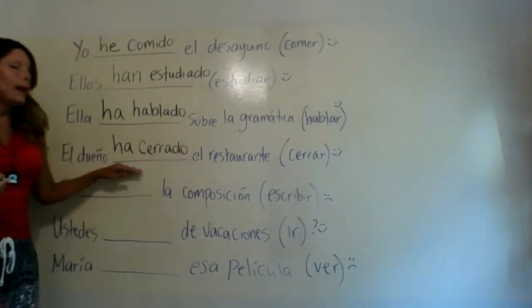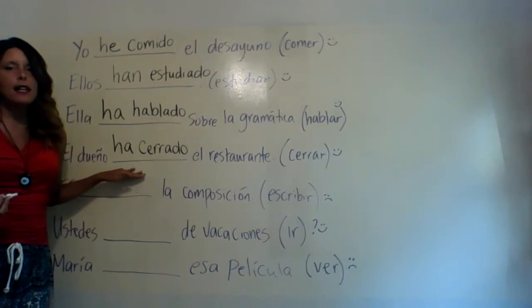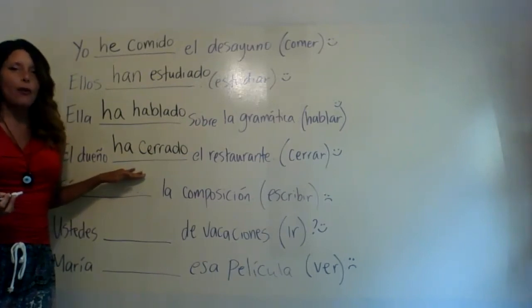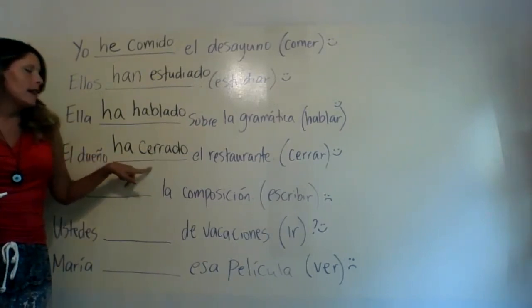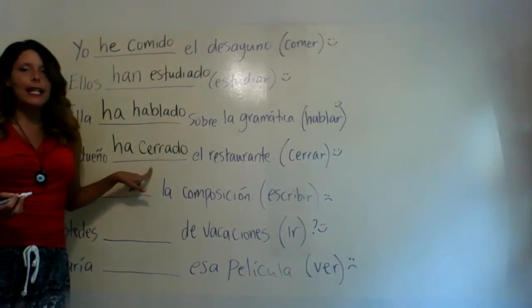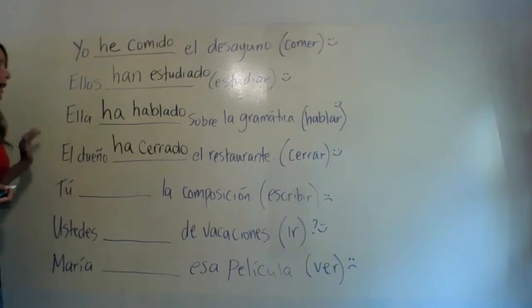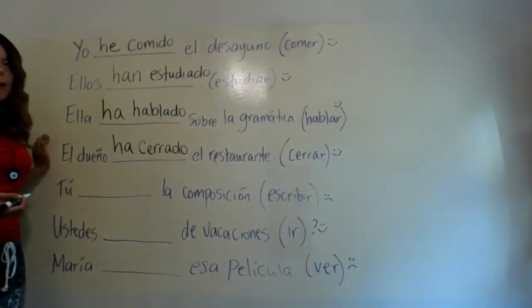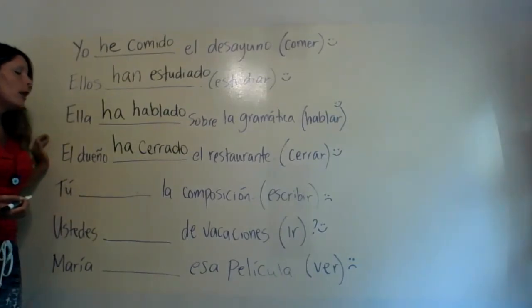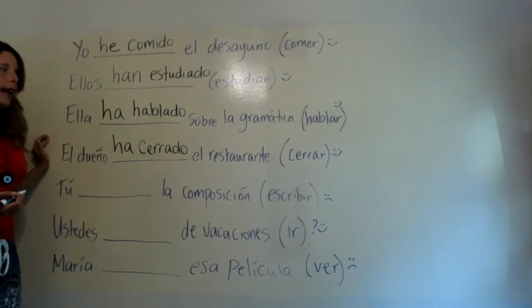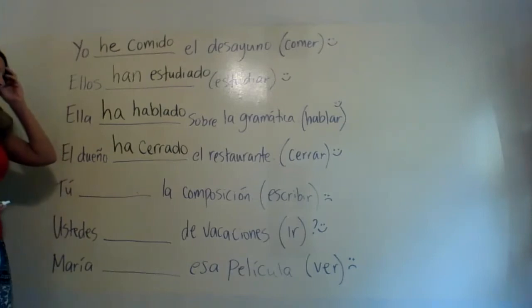And so my present perfect for this sentence is ha cerrado. H-A, and then cerrado is spelled C-E-R-R-A-D-O, and the whole sentence being el dueño, remember that means the owner, el dueño ha cerrado el restaurante. The owner has closed the restaurant.